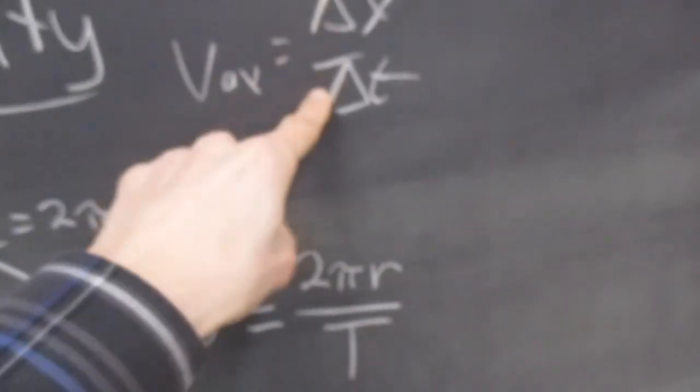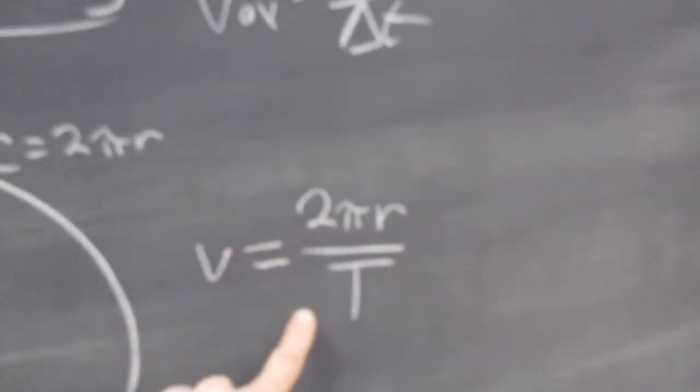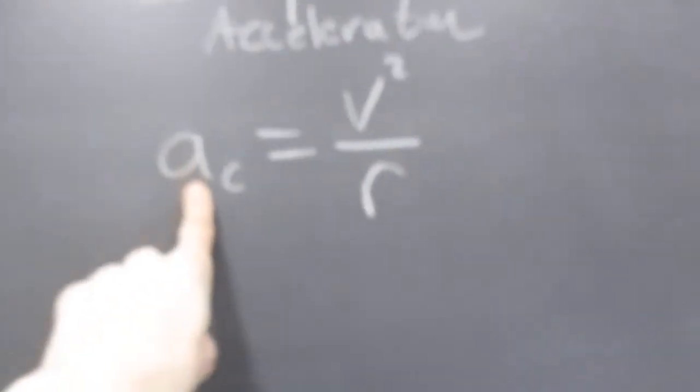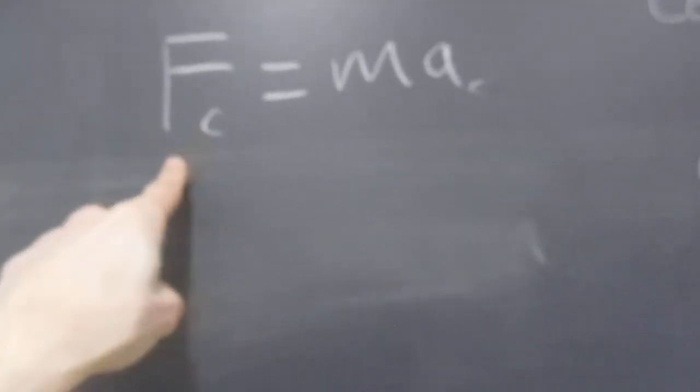So distance over time is circumference over period. So we can calculate our velocity, and then with velocity and radius, we can calculate our centripetal acceleration, and therefore our centripetal force. And we will compare our centripetal force, as I mentioned, to our spring force, as shown over here.